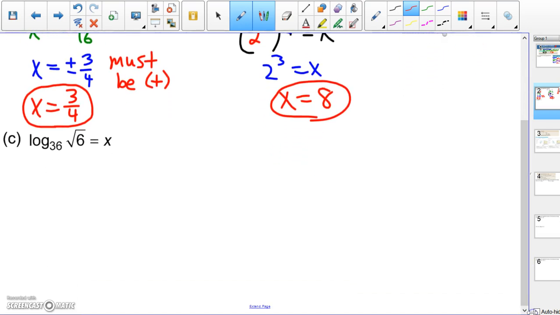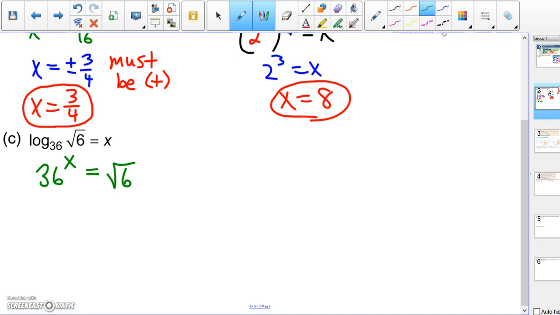And then question C. The first step is to change it to the other form. We have a log, we want an exponential. I see a base 36, and the answer to the log is the exponent, and that's going to equal the square root of 6. The key to a problem like this is if you can make the bases, or the two sides, match. I have a base 36, and then over on the other side I have a square root of 6.